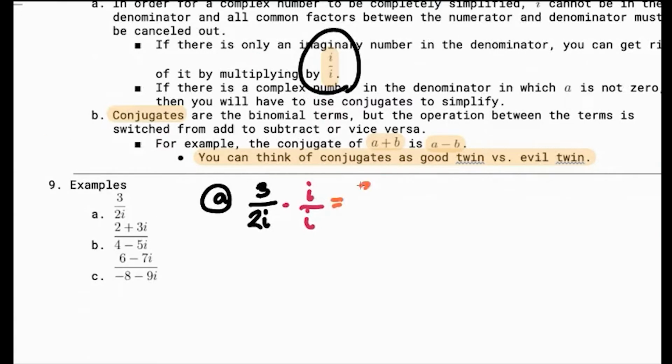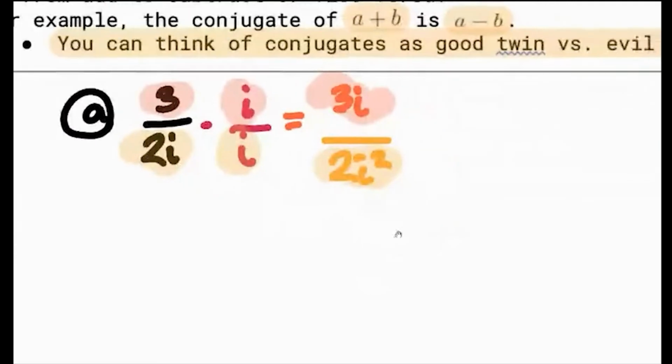So we have 3i if we multiply across. So I just basically took this and multiplied it to get that. I'm going to try to color code everything here. On the bottom, you're going to have 2i times I, which is just 2i squared. Zoom in so you can see it.